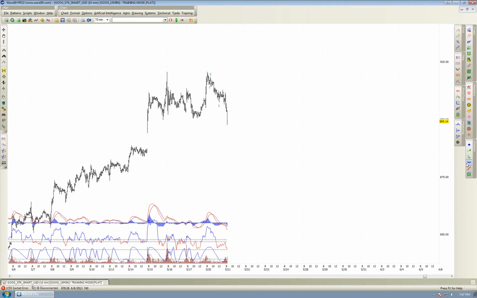So this should be our 3rd wave, our 4th wave, and then we have a strong 4th wave or 5th wave coming down here.